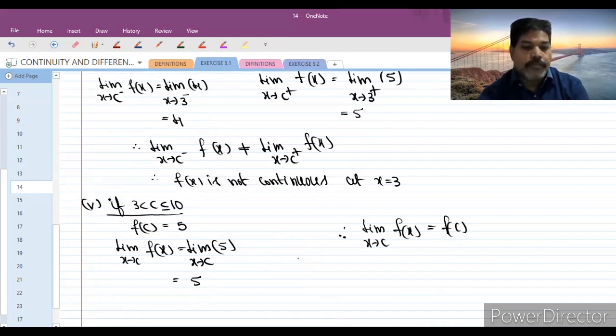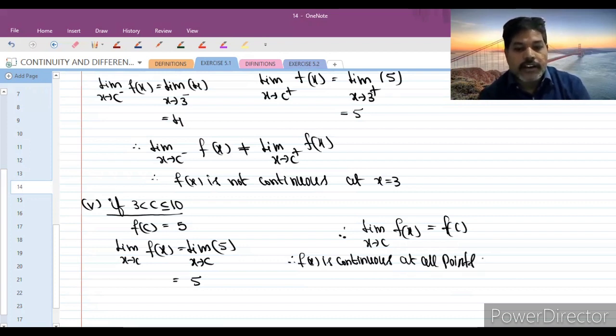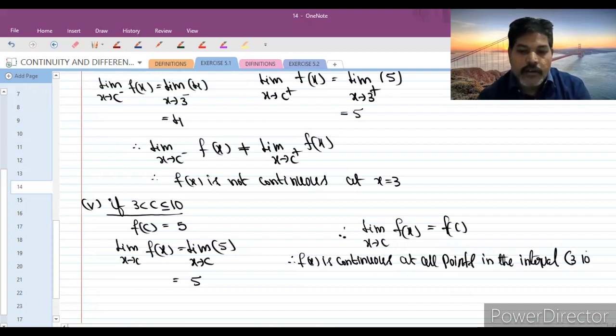So therefore f of x is continuous at all points in the interval, what is that interval, students? Open 3, closed 10. Understand that? So that case is over.